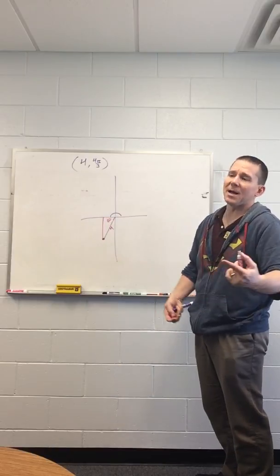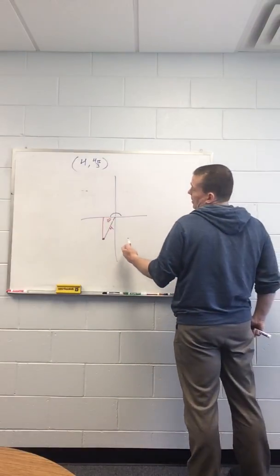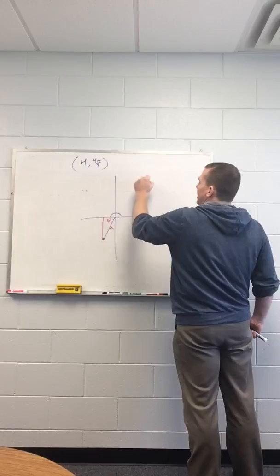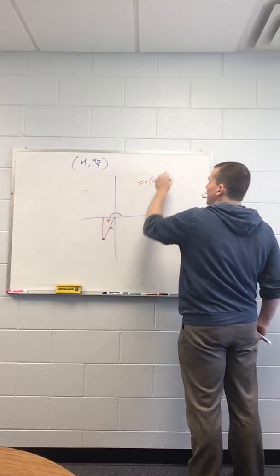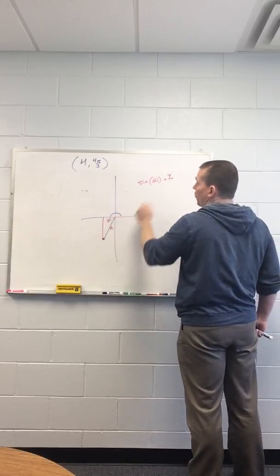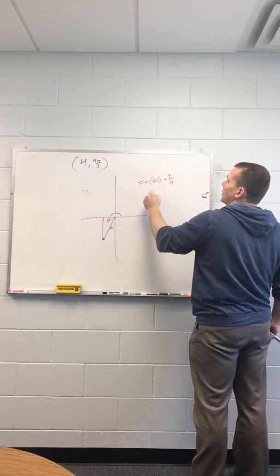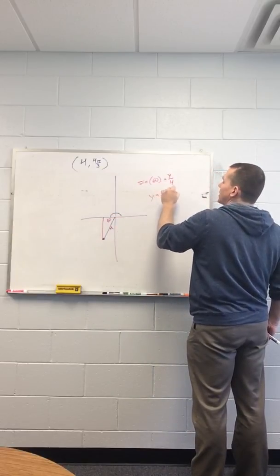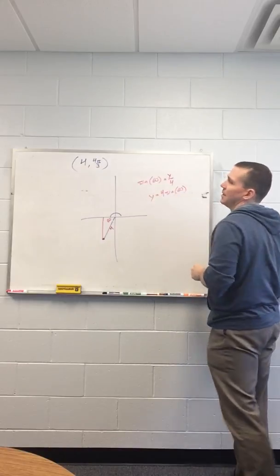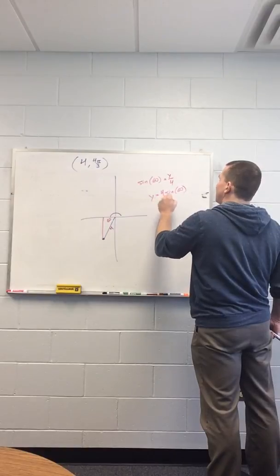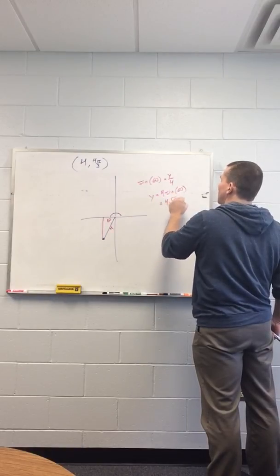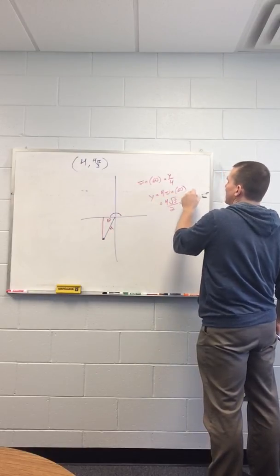But I can just use my trig functions for that. Let's see, I can just say sine of 60 degrees is equal to opposite, which is y, over hypotenuse 4. So y equals 4 sine 60. Sine of 60 degrees is root 3 over 2. So we get 4 times root 3 over 2. 4 and 2 cancel, and we get 2 root 3.